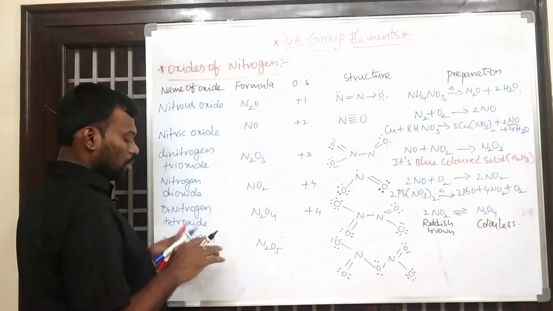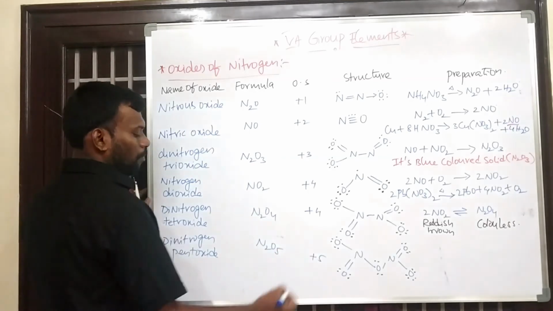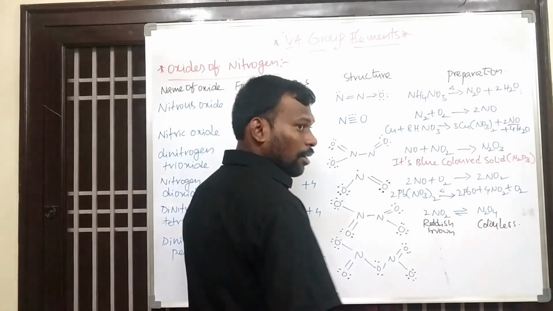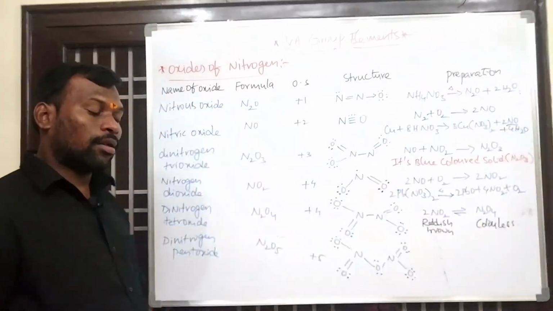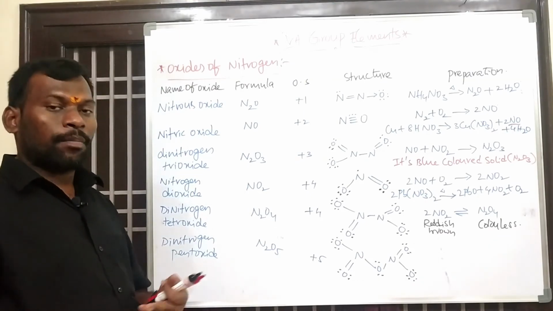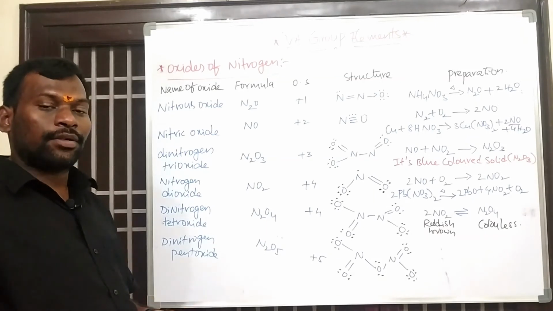Remember, the oxidation state of nitrogen in dinitrogen pentoxide is +5. And it is prepared from nitric acid. When nitric acid is treated with phosphorus pentoxide, it forms dinitrogen pentoxide.